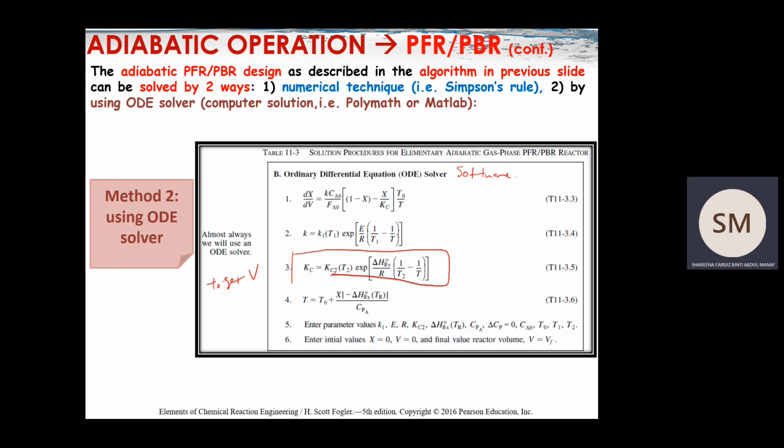The rest we will simulate, because there is dX over dV, so it can solve dX over dV directly. This is what we call an ordinary differential equation, like dS over dt, dP over dt. So this one you have to do in MATLAB or Polymath. I don't have to explain this one, and this would be later on after topic number 7.